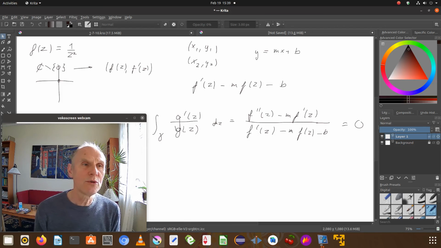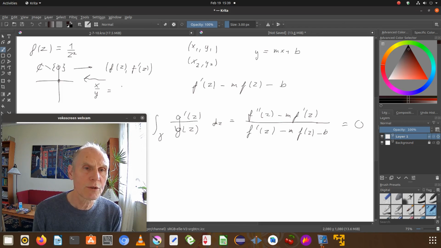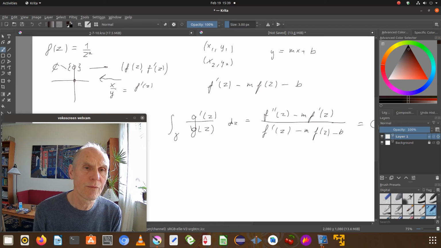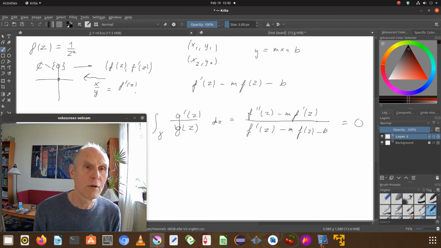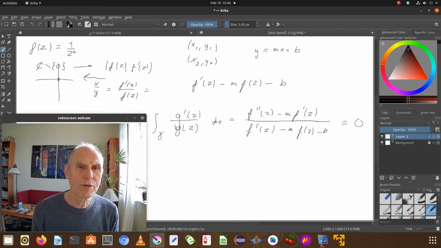So all we need to verify is that the map we have here has an inverse map called x divided by y, which equals, I found out how to do this. So the derivative is minus 2 z to the minus third.